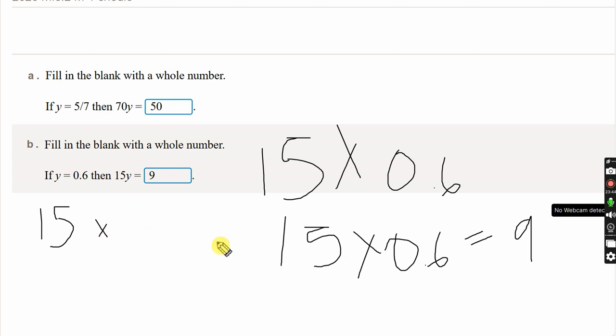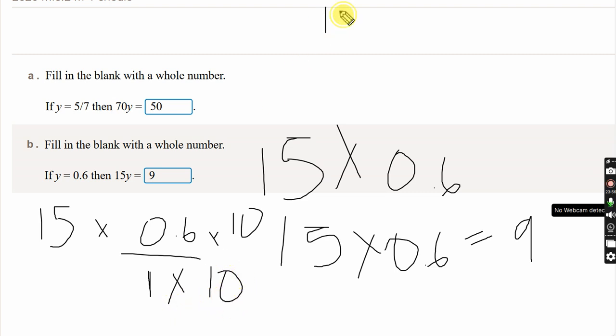So what I tell them is 0.6, every decimal or whole number has a 1 at the bottom. You can make it into a fraction. So you multiply above by 10, you multiply below by 10. So you get 6 over 10. So 15 times 6 over 10. Okay? Now you can simplify this. 15 and 10, again, what is that? Remember, it's in the multiplication of 5.